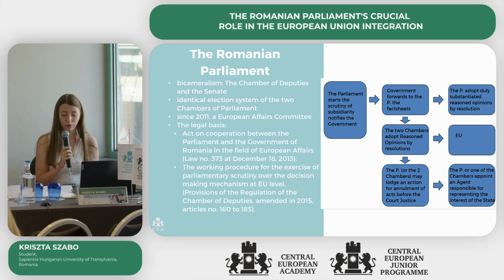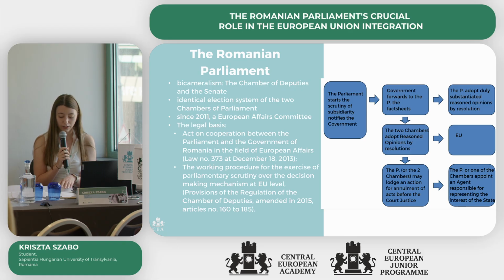If Parliament or one of the chambers thinks that the draft law violates the principle of subsidiarity, they can adopt a reasoned opinion explaining why. This reasoned opinion must be sent to the President of the European Parliament, the Council and the European Commission within 8 weeks of receiving the draft.